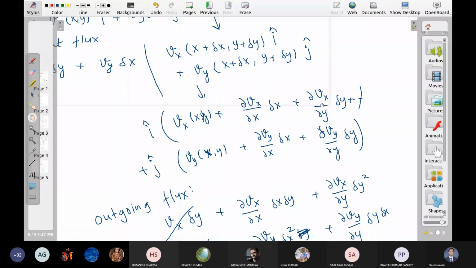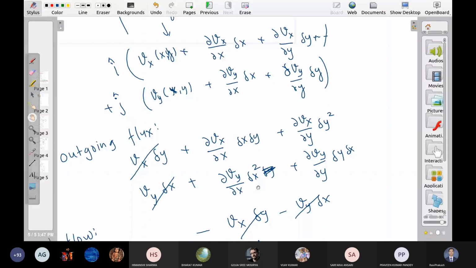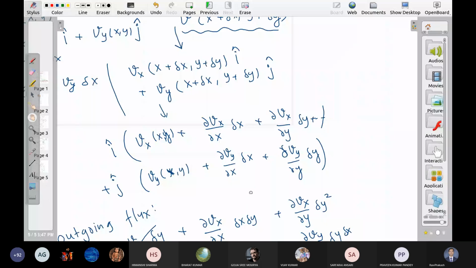Although the order is the same, and if I further shrink it to the source, obviously there is a component here also.